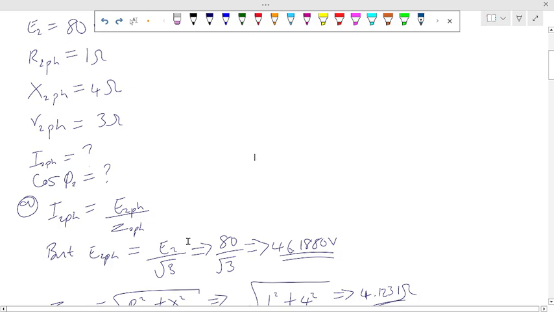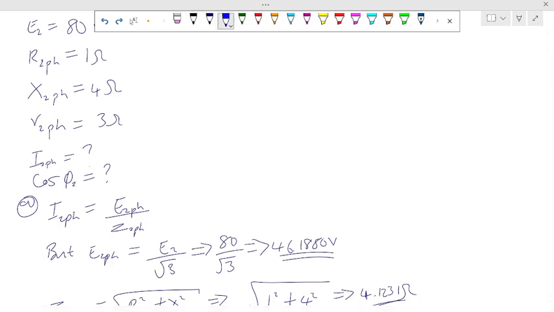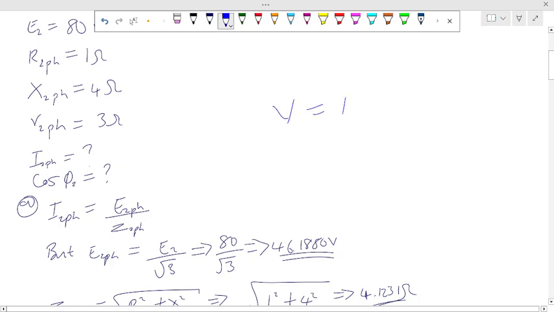Note that from Ohm's law, V equals IR, so I equals V over R. In this case, the voltage is the EMF, and the resistance is the impedance per phase.